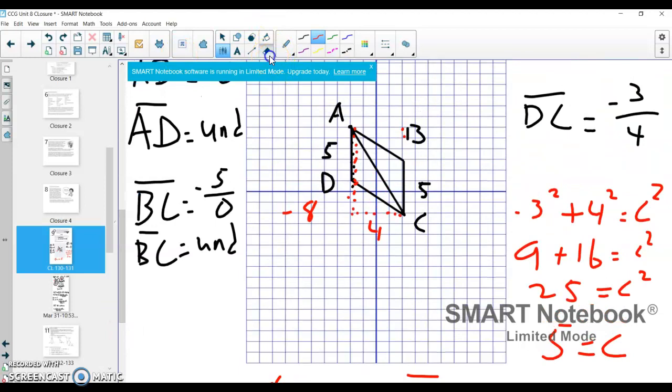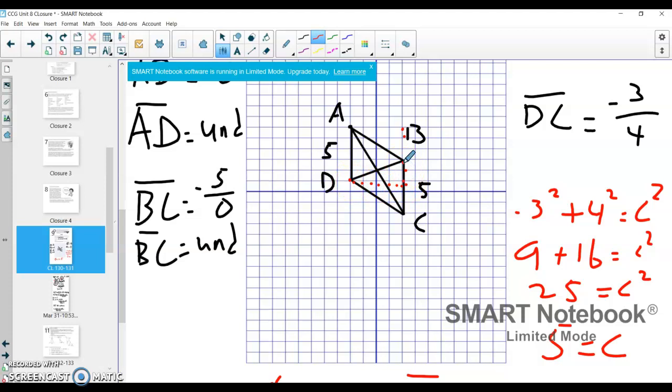All right, I'm going to erase that, and I'm going to do BD now. B to D here. And I'm going to work left to right. I've got to make sure I'm in red, over and then up.